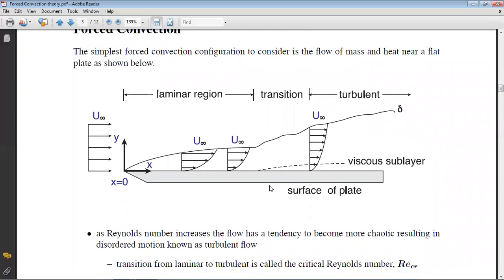Again, we can have three different regions: a laminar region, transition region, and turbulent region.